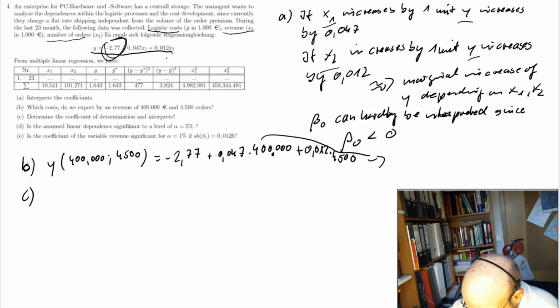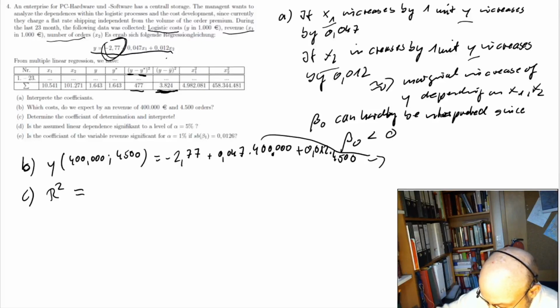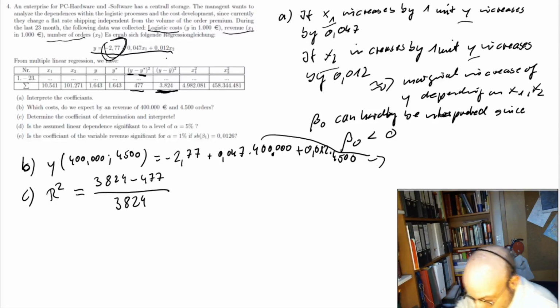And the coefficient of determination, well, we have here the total squared deviation from average, and here we have the deviation of the true data points with respect to the estimated data points, and thus we obtain R squared equals 3824 minus 477 divided by the total squared deviation 3824.